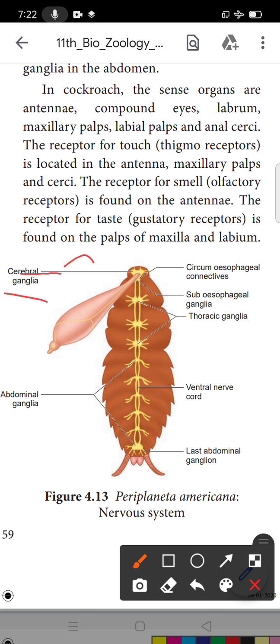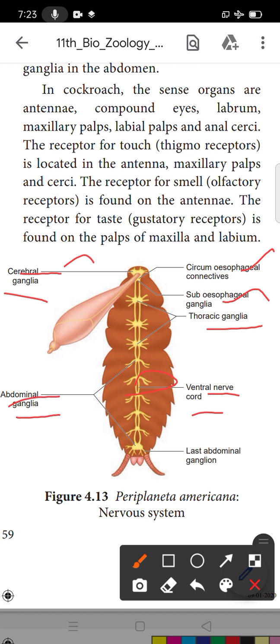Then the circumesophageal connectives are also present. Then the subesophageal ganglia. Then the thoracic ganglia. Thoracic means chest region, so the chest region has ganglia. Then the ventral nerve cord is also present. This part is the ventral nerve cord. Then the abdominal ganglia are also present.